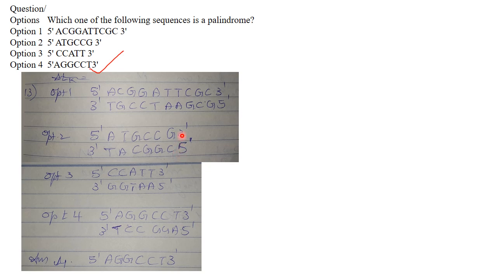Similarly, in case of option B also, as well as option C also, but option 4 if you see, you can see that AGGCCT. So it reads the same in 5' direction on the first strand as well as in the second strand. So the answer is option 4.